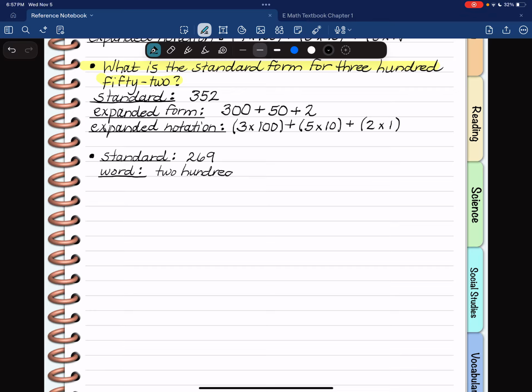Remember, no comma because it's not thousands. 60, there's the tens, the rods, hyphen 9. 269. Okay, let's use expanded form.